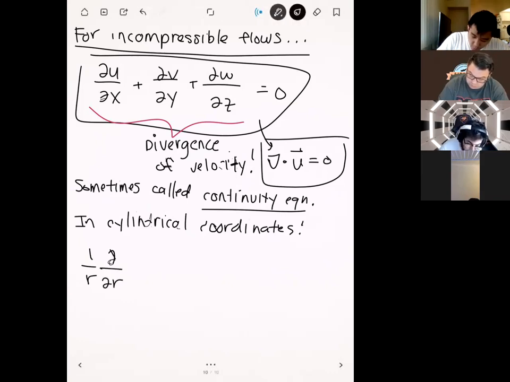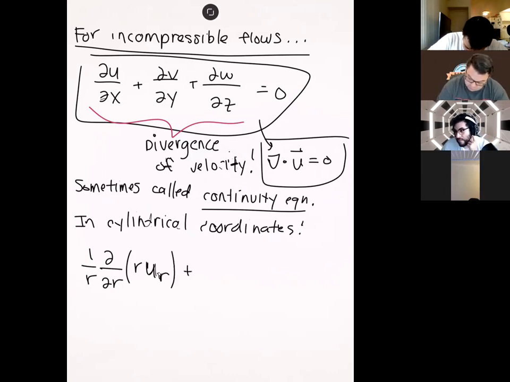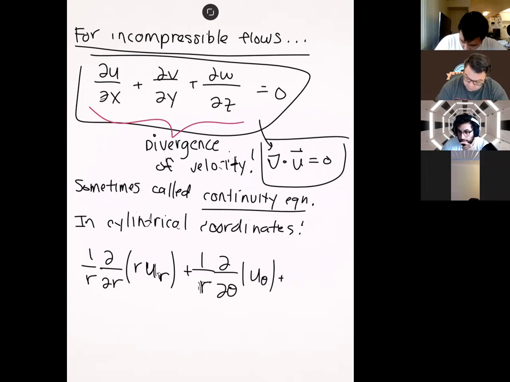We have 1 over r, partial r, of r times u r, where u r is the r component of velocity, plus 1 over r partial theta of u theta, plus partial z of u z, and all this is equal to 0.